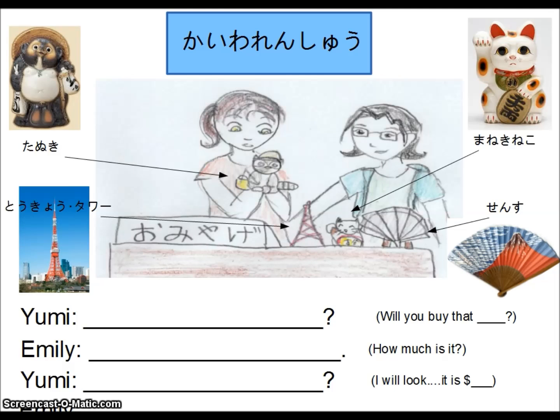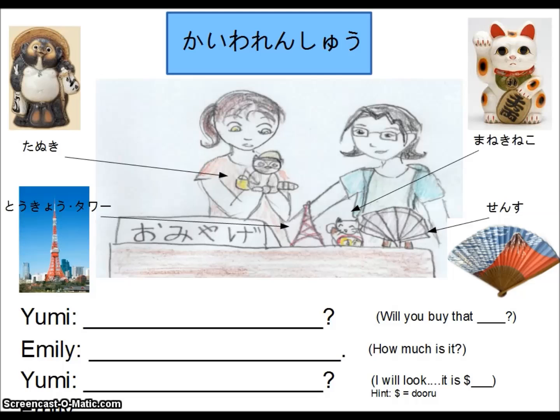As I've explained before, 1 yen is approximately equal to 1 US cent, which means that anything over $1 is already 100 yen. So if you don't know how to count your numbers in the hundreds and thousands and 10,000s, then it's a good thing to just stick in dollars. So that's what we're going to do. Dollar is just doru.